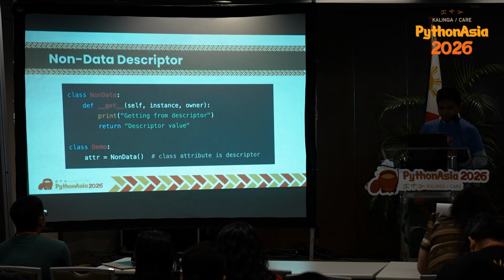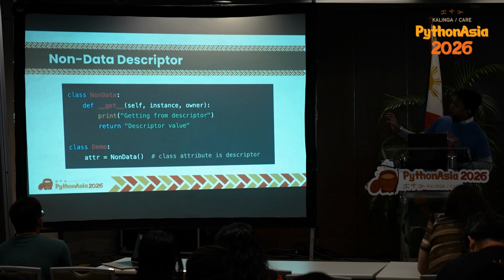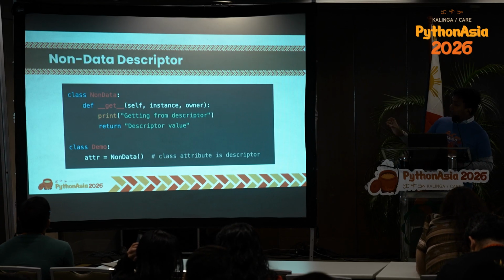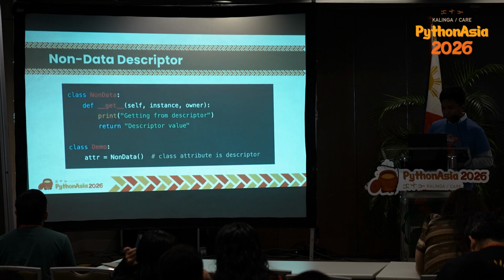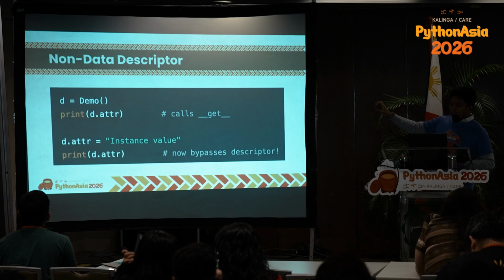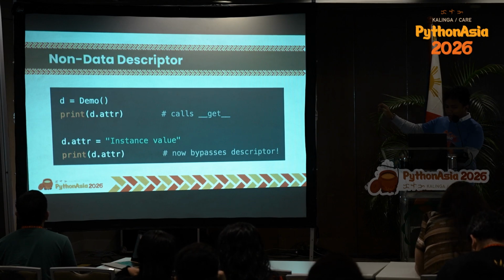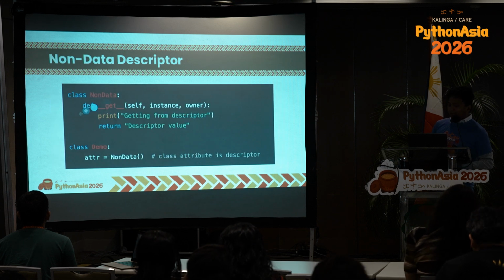So for this one, we've defined a non-data descriptor. Here we define the get. If we define the attribute, here we are invoking the get function.